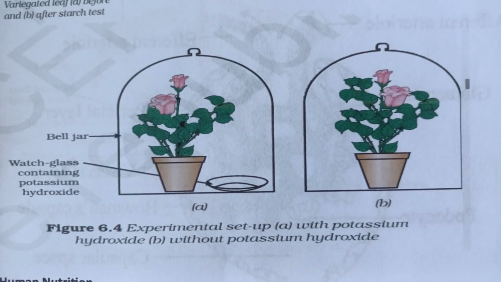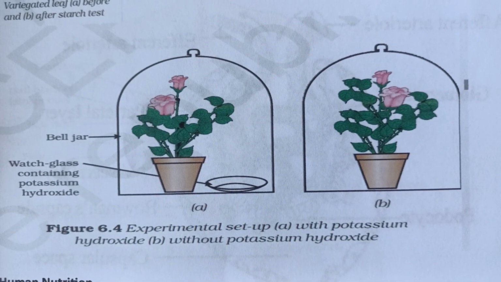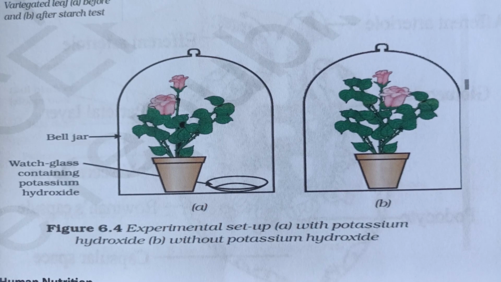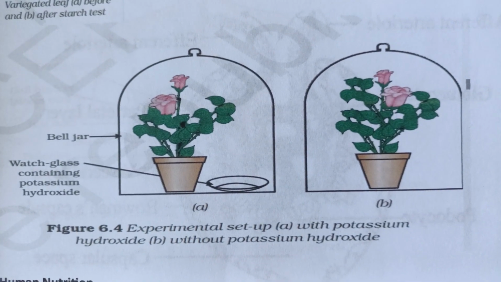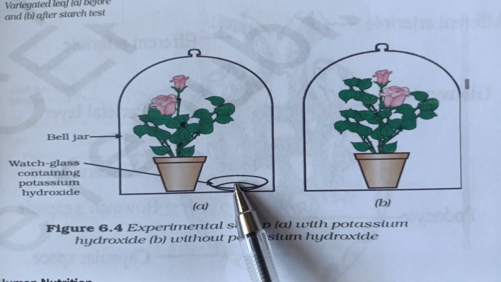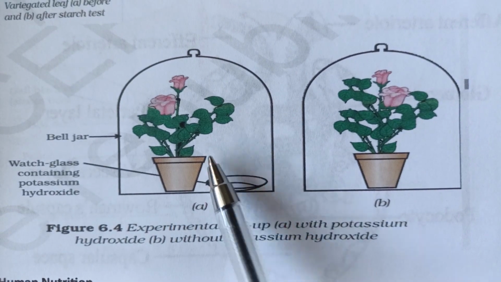So they ask you to take two healthy potted plants of the same size, keep them in a dark room for 3 days, so there will be no photosynthesis during this period. Now place each plant on a separate glass plate. Place a watch glass containing potassium hydroxide by the side of the pot, but only in one pot, not in the other.